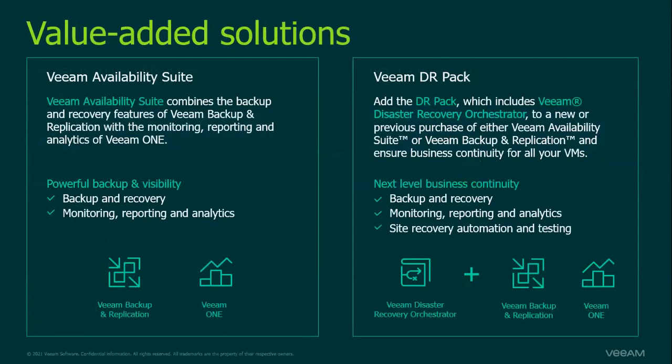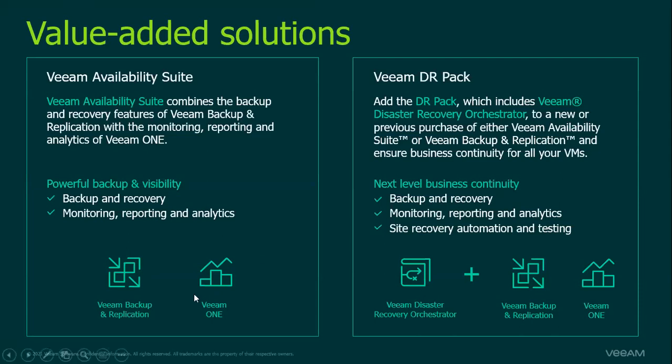Now, some of the value-added solutions which Veeam provides in the market. One is the Veeam Availability Suite. Most of you are already aware of what Availability Suite is. It is a combination of two products: Veeam Backup & Replication plus Veeam ONE. Veeam Backup & Replication is the main product which does backup and replication of your data center, physical, virtual, or cloud. Whereas Veeam ONE is a monitoring tool which gives you monitoring, reporting, and analytics of your data center based on certain reports.